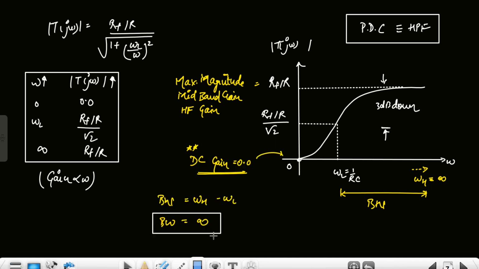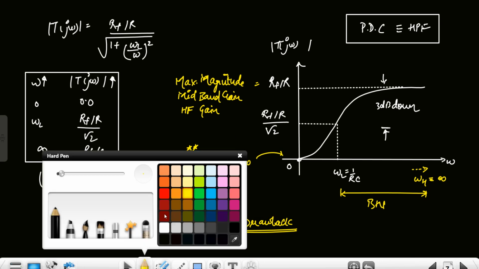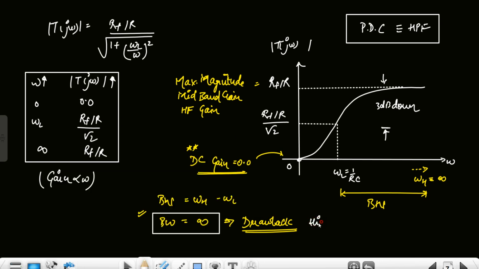So this infinite bandwidth is actually the drawback of this circuit, that is the practical differentiator, because due to the infinite bandwidth it will accumulate the high frequency noise signal. So high frequency noise signal will also be included in the circuit. So that's why this is a problem of this practical differentiator circuit.